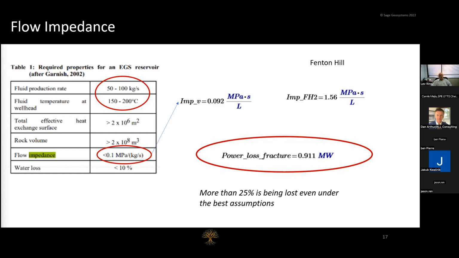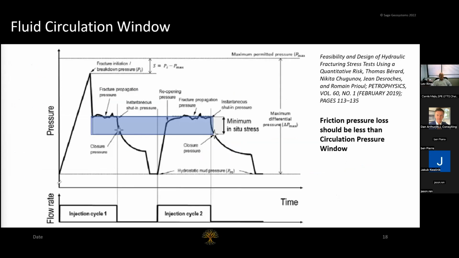Now, what is the option? Well, if you look at the dependence on fracture opening, fracture propagation pressure, and fracture closing pressure, we all know this curve. We know that this is the fracture initiation pressure, and then there is a fracture propagation pressure, and then there is fracture closing pressure.